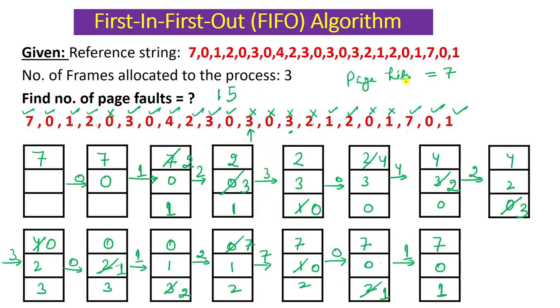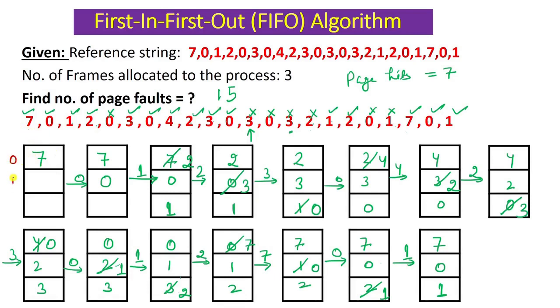So these are the page hits, the number of times your page is found inside the main memory or in these frames. Just to recall how we applied the FIFO algorithm, we take the first page and put it into a free frame, because we have a total of 3 free frames. We find the empty space and put it into the first location.